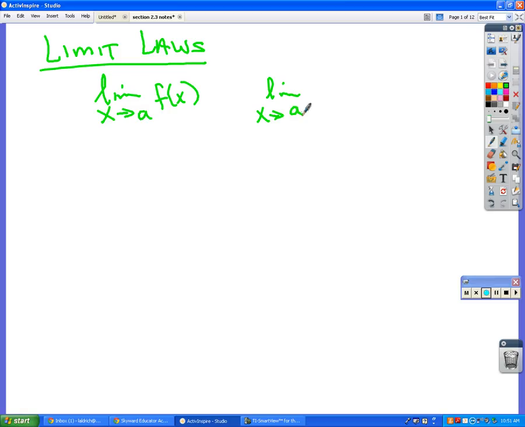Okay, so let's say we have two functions, f of x and g of x. So they're two different functions, and we want to figure out the limits as x approaches a. And this number here and this number here are the same, okay? So here's some little tricks that we can do, and this is just going to be totally shocking to you when I write this down.